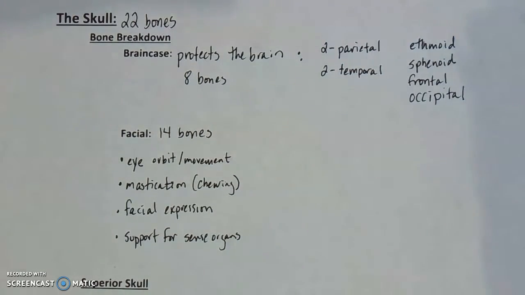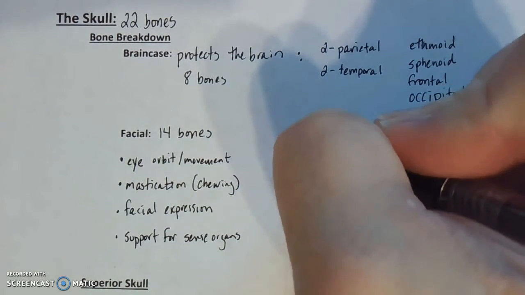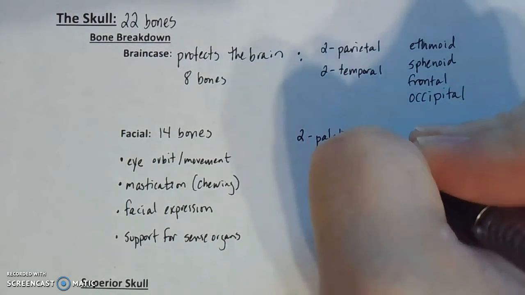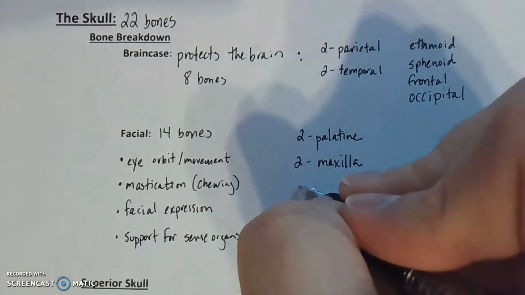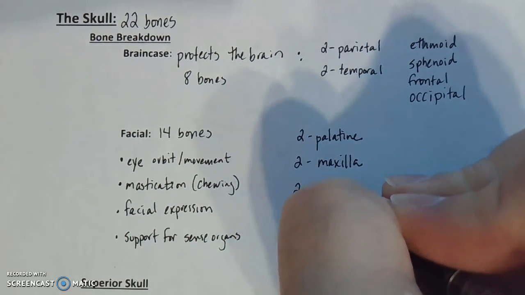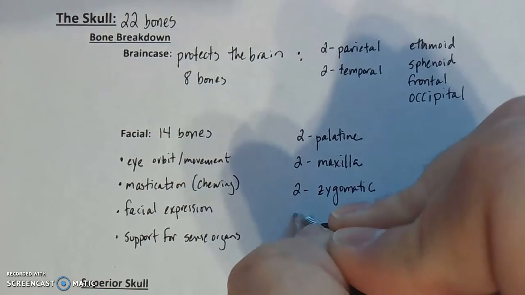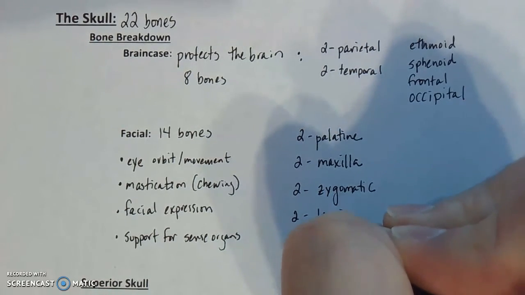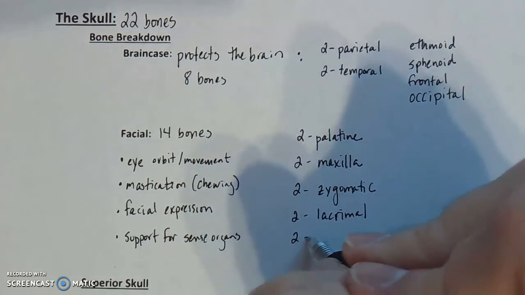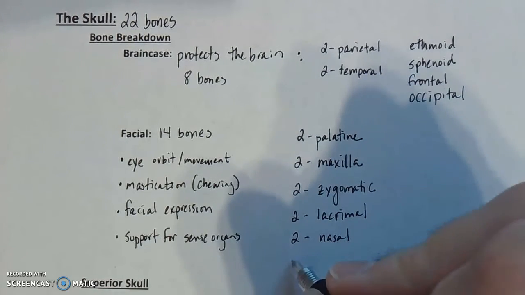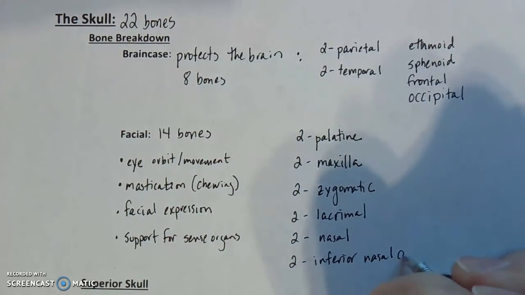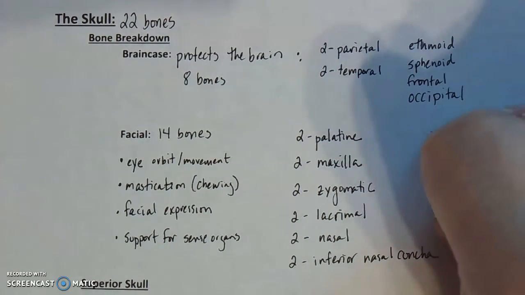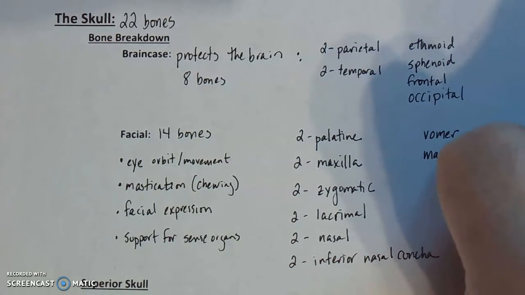So for these bones, we have a lot more paired bones here. We have 2 palatine, 2 maxilla, 2 zygomatic, 2 lacrimal bones, 2 nasal bones, 2 inferior nasal concha, and then we have 2 unpaired, the vomer and the mandible.